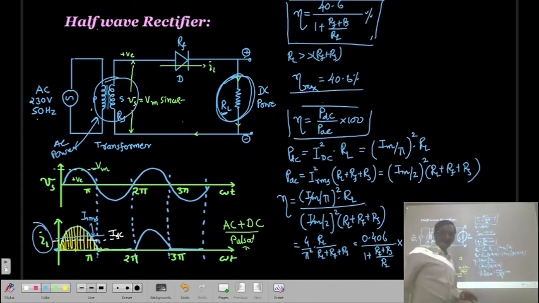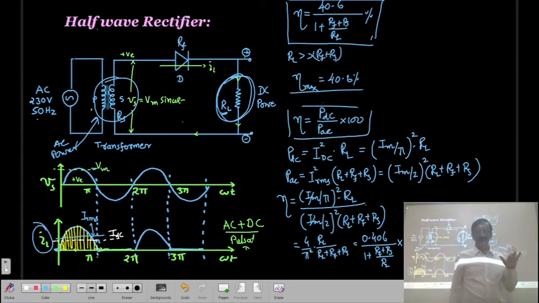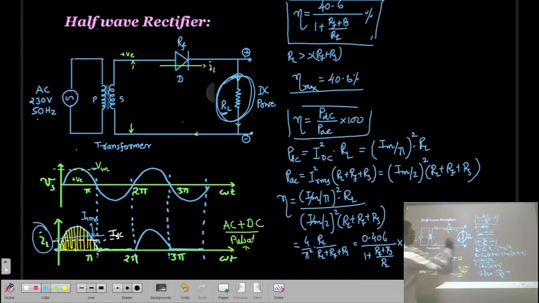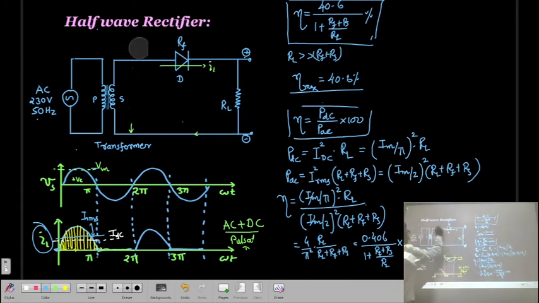So what does this mean? That the efficiency is only 40% means that whatever amount of AC energy we provide, only 40% of the energy is converted into DC. Remember, from the transformer we provide 100 watt of AC power to the rectifier.